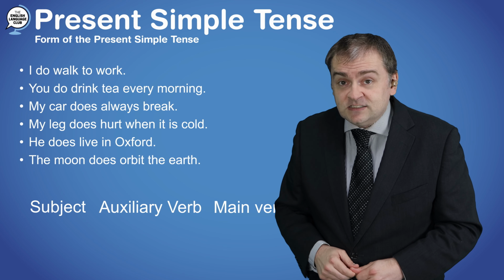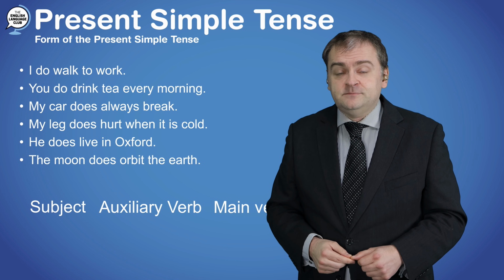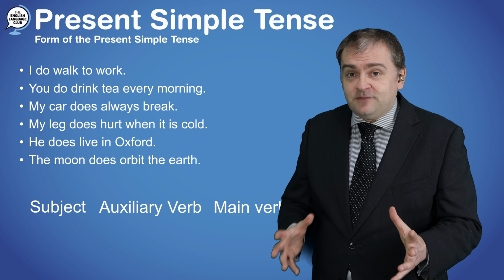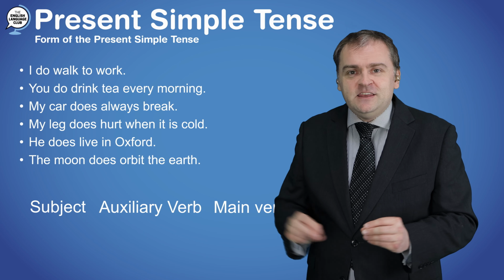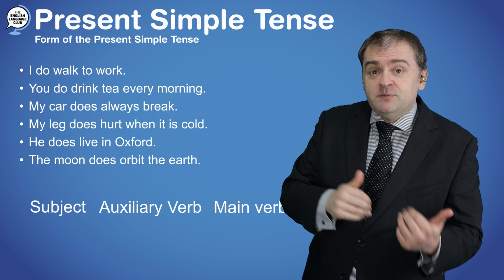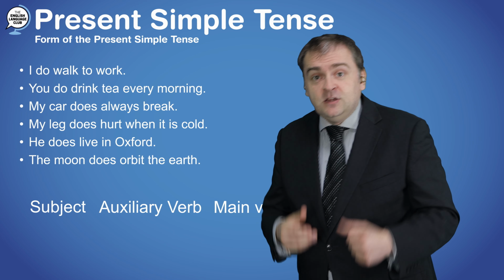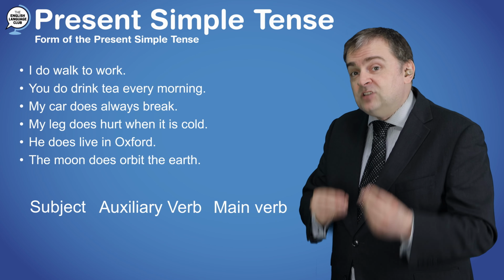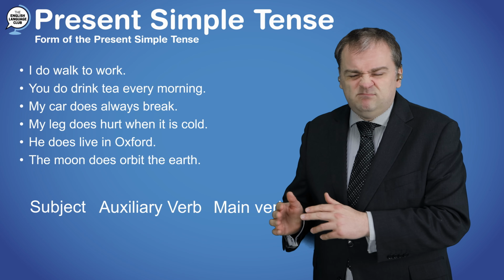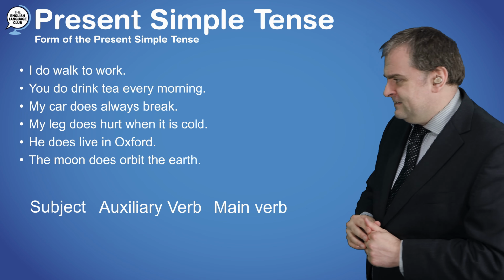The moon does orbit the Earth. Notice how when we do have an auxiliary verb, the third person S form goes on the auxiliary verb instead of on the main verb. We say, he does live in Oxford, not he do lives. No.